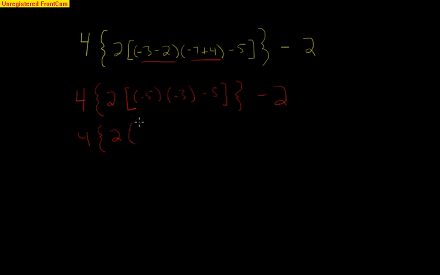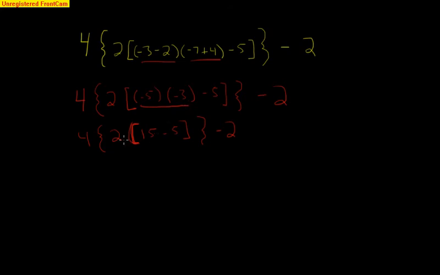So this simplifies to -5 times 3 is +15 minus 5. Probably should have drawn this like this so that doesn't confuse. Minus 2. So all I did here was take these two guys and multiply them together.